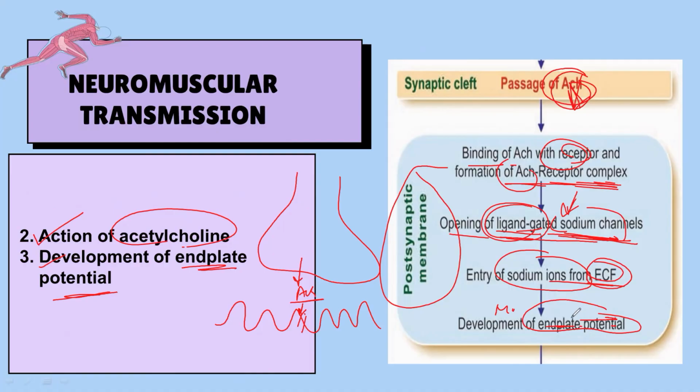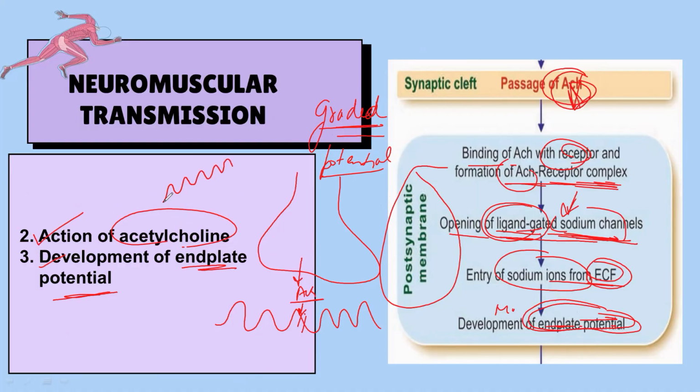It is less in strength than the action potential. Basically, a new term arrives here, which we are calling graded potential. As its name suggests, graded: there is a gradual increase.